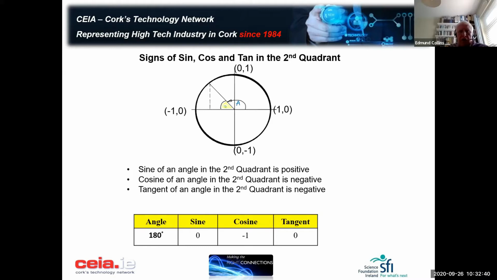And likewise, the tangent is going to be negative. But what happens here in relation to 180 degrees? Well, the sine goes to 0, the cosine goes to -1, and the tangent goes to 0. We'll see this again, maybe a bit easier, when we look at the graph.